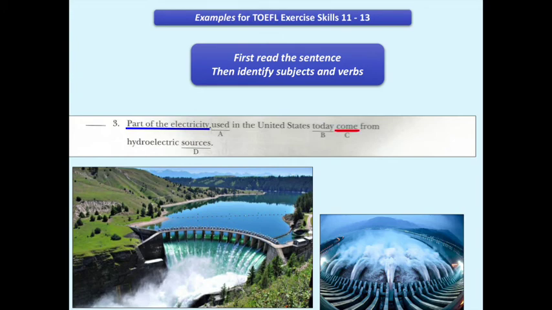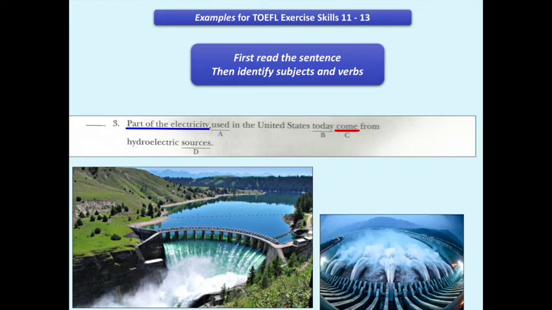Okay, now you choose the letter of the word or group of words that is not correct. Because we're in class, you also have to say the correction. But on the TOEFL test, you only have to circle the error.